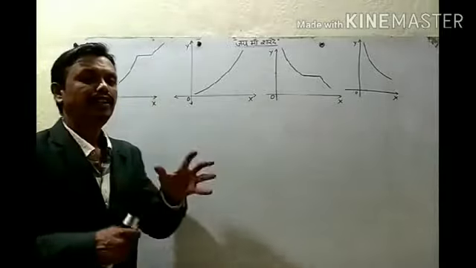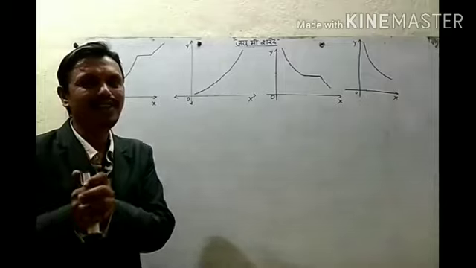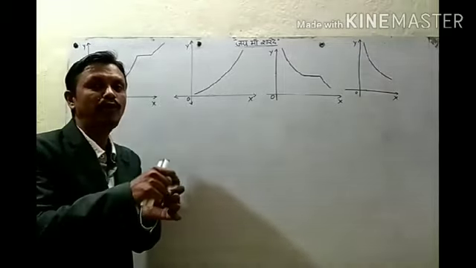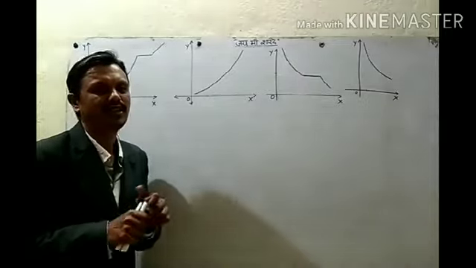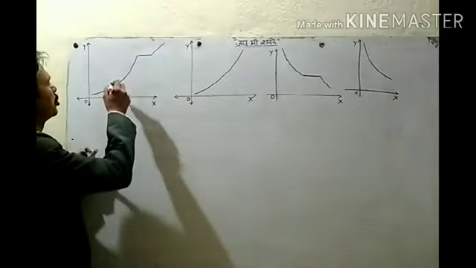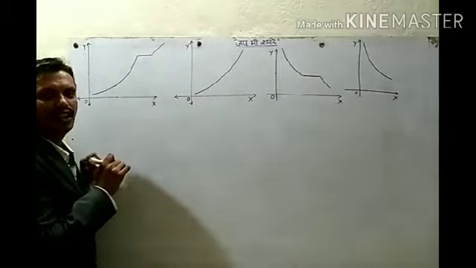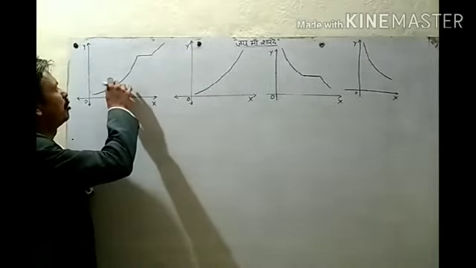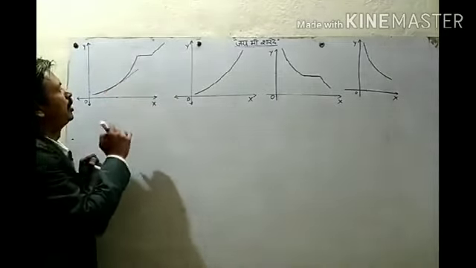We know that the derivative of any function at a point x is the slope of the tangent of the function at that point x. But suppose we want to find the derivative of the function at this point. Okay? So what will we do? We draw one tangent at this point and find its slope.